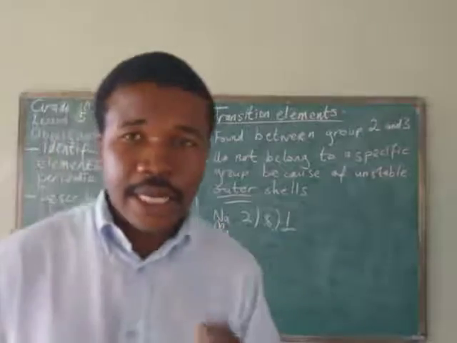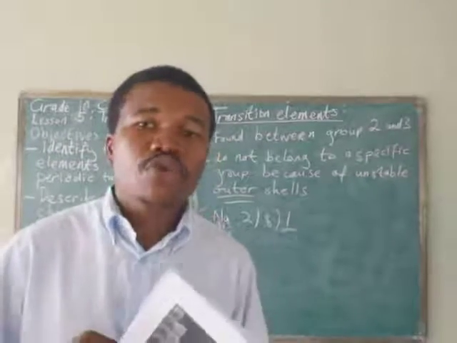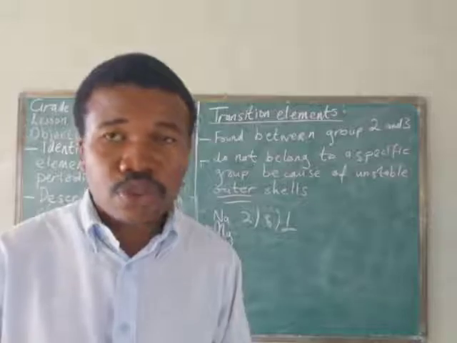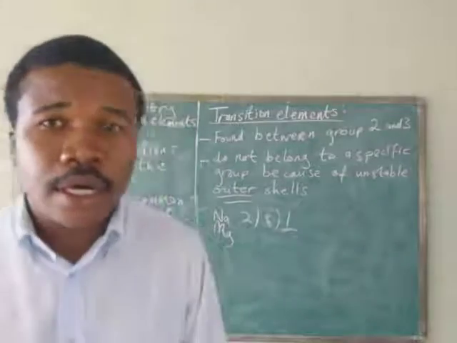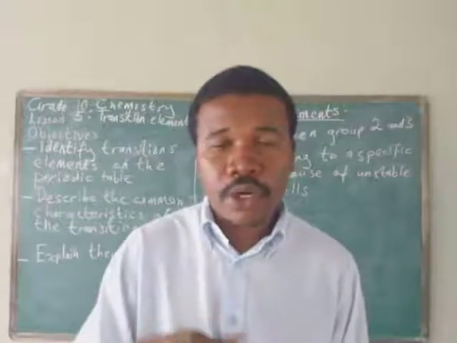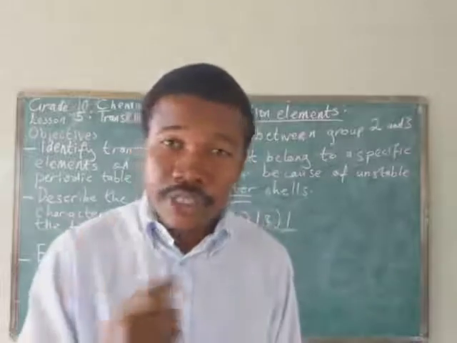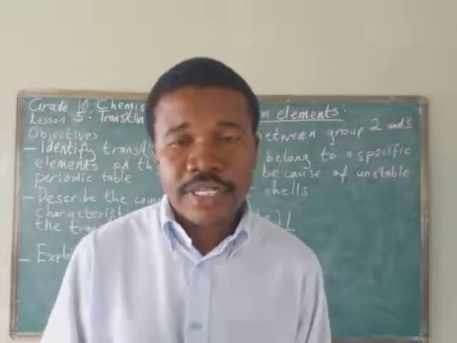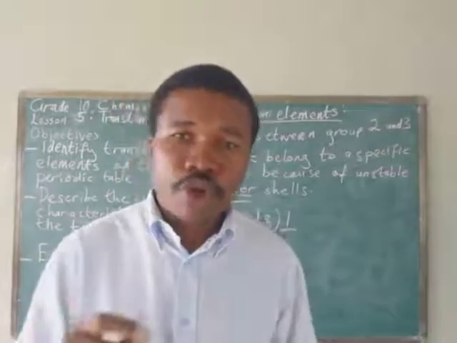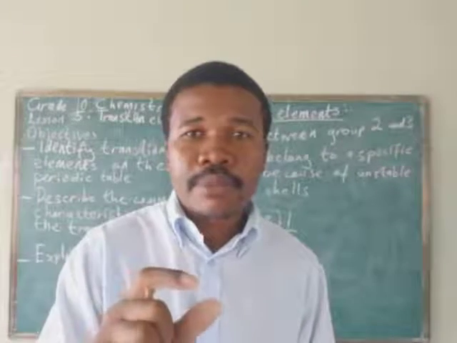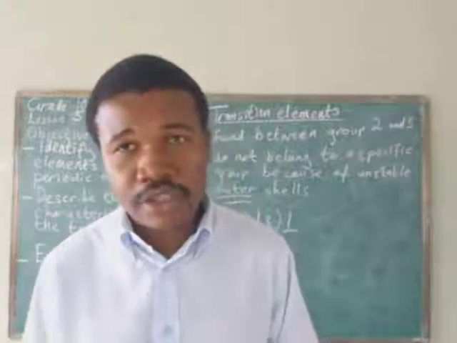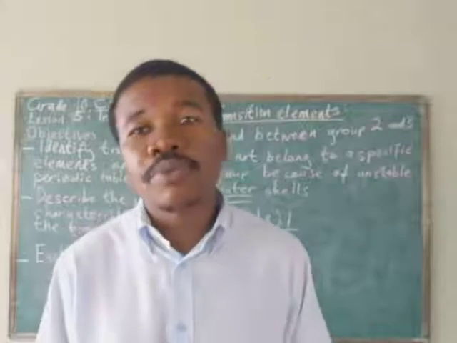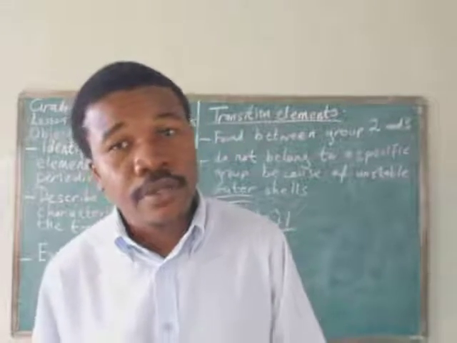The transition elements, however, if you go to their outermost shell, if you go onto the atom of iron, copper, zinc, all of these transition metals or transition elements, they do not have a fixed number of electrons in the outer shell. Sometimes you will find that there will be 2 electrons in the outermost shell.